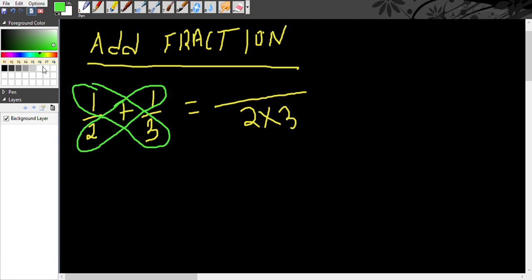So on top of the division sign, the numerator will be 1 times 3 plus 1 times 2.